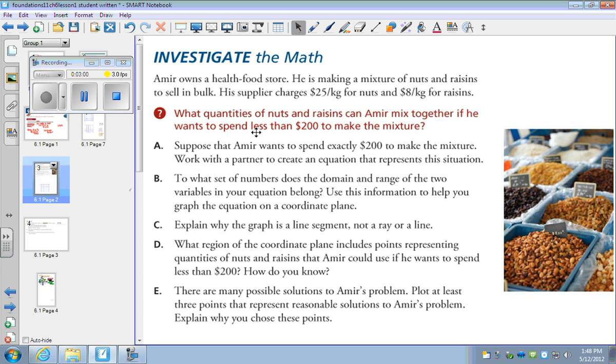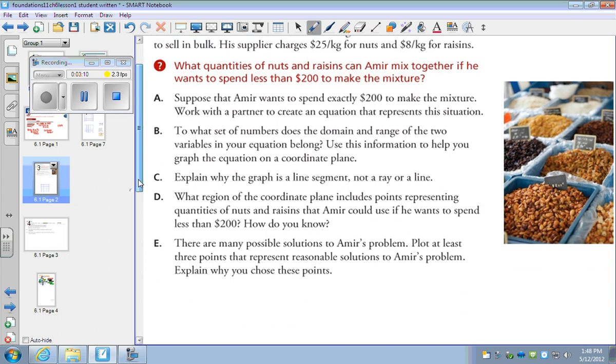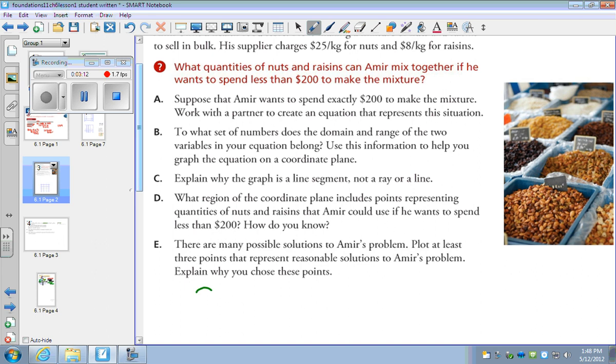So, first of all, we're going to assume he wants to spend exactly $200, and we need an equation. Each kilogram of nuts is $25. So we can have 25x, if we start with: let x be the number of kilograms of nuts. That's where we should start. And let y equal kilograms of raisins.